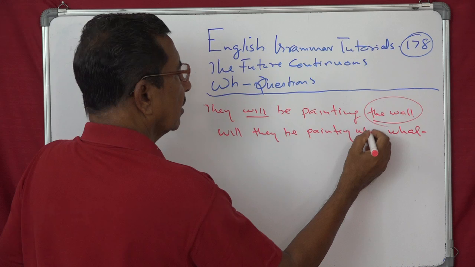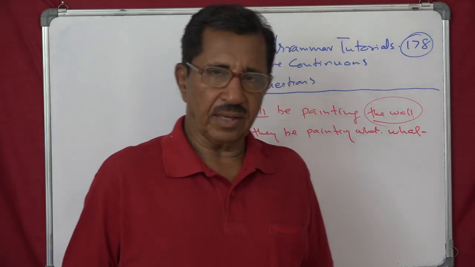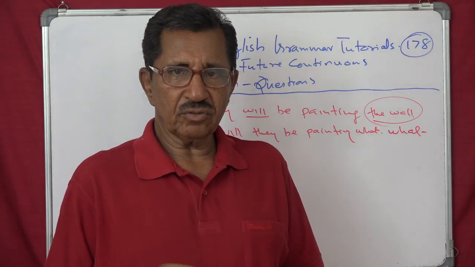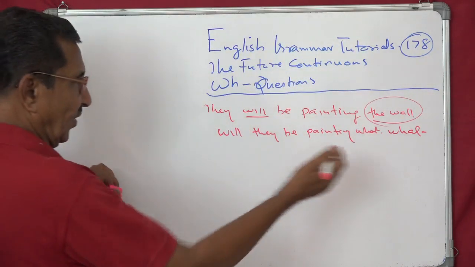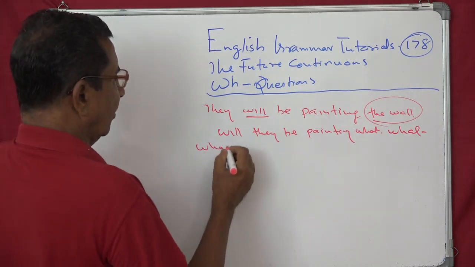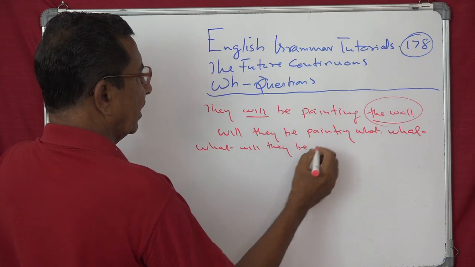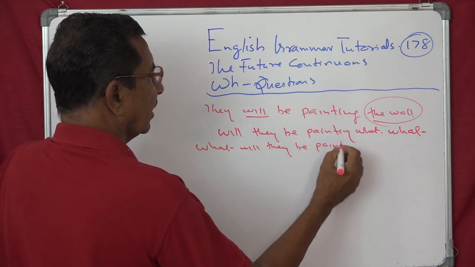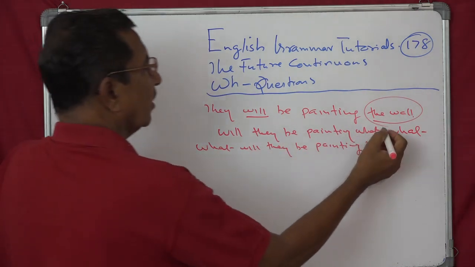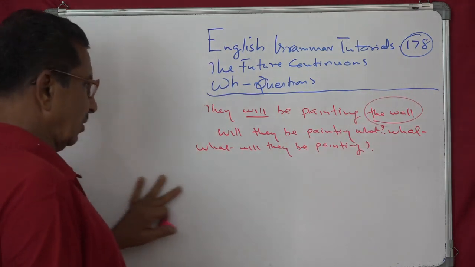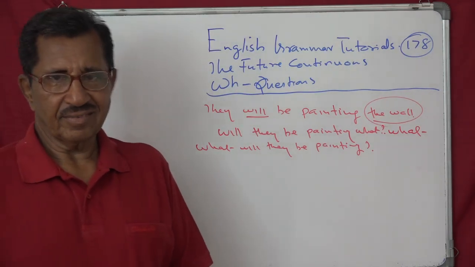Painting what? So the question word should be at the beginning. A question should begin with the question word. Very simple. So what will you do? What will they be painting? So here you have got the yes or no question, and here you have got the WH question. Very simple. Isn't it?